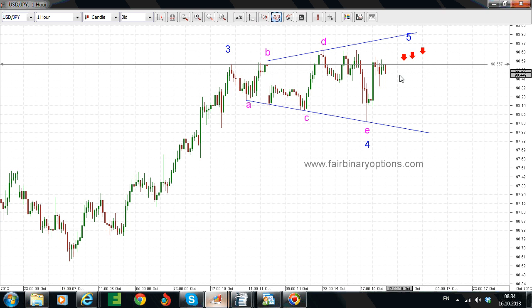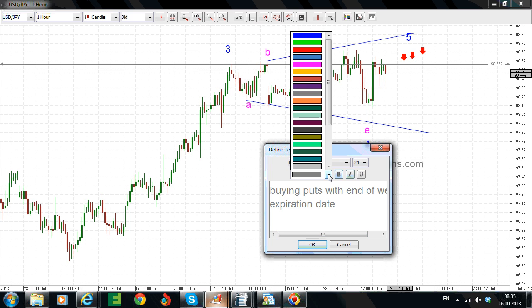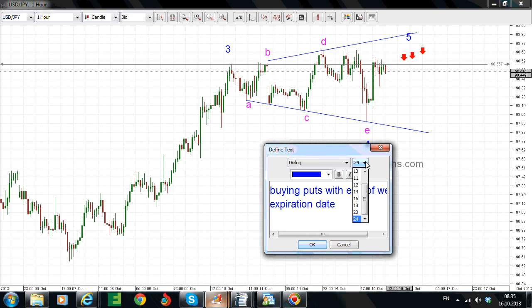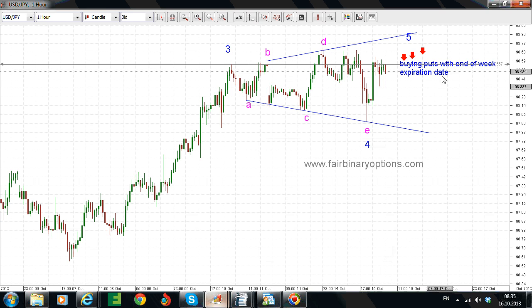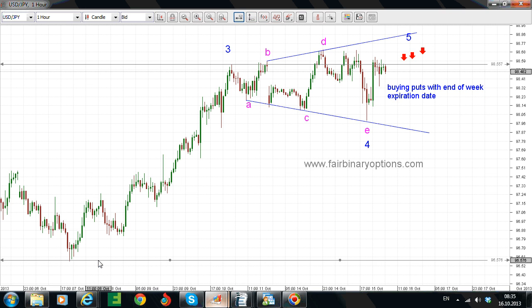So let's write here that we are buying puts. Buying puts with end of week expiration date. That would be 2 days from now. And also we might buy puts with 1 week expiration date, because we are looking for the price to travel all the way to the original move that started here, 96.57.